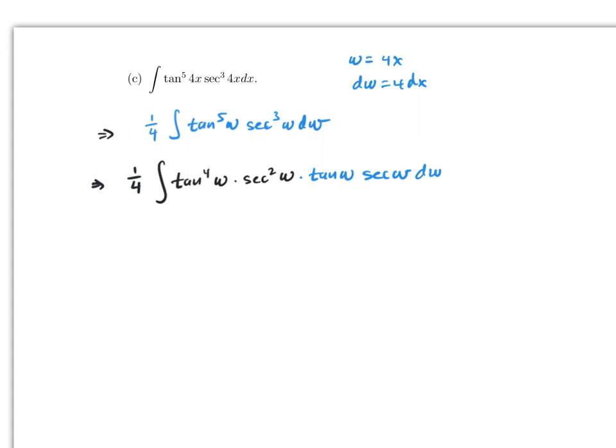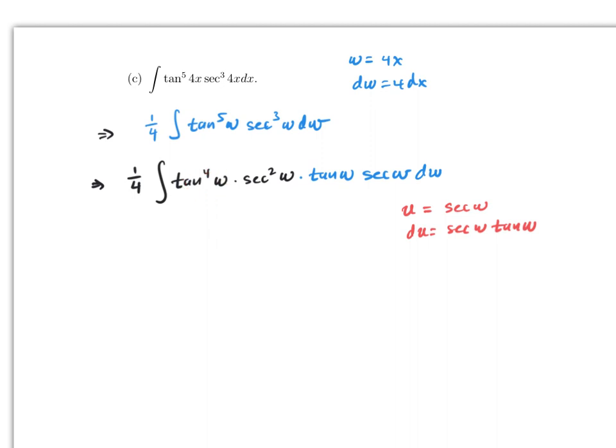The only reason why we're doing this is because we want to pick the substitution to be u equals secant. And if u is equal to secant, then du is secant w tangent w, which is what we already have here. We have to make sure that we change everything to secant. We already have secant here, so we have to change this to secant.